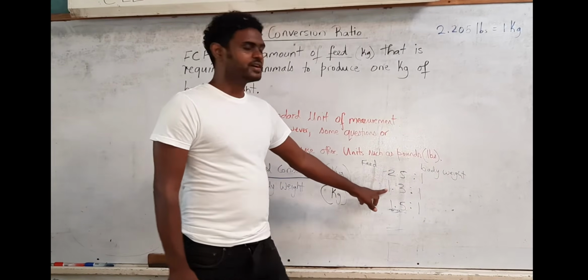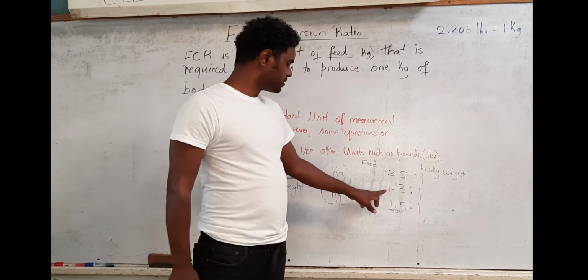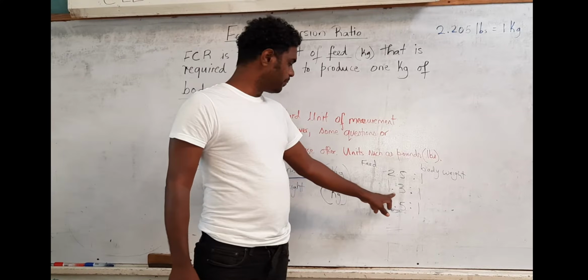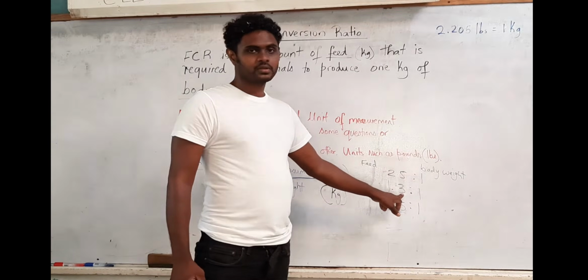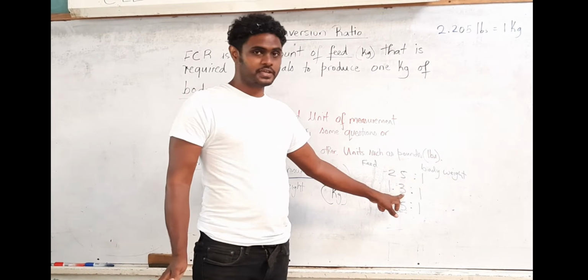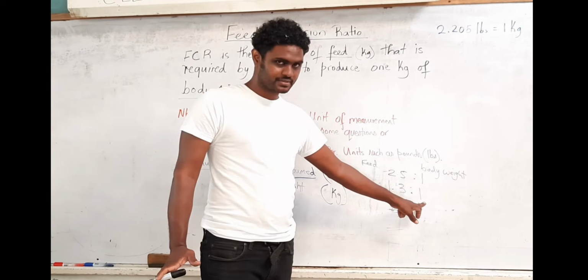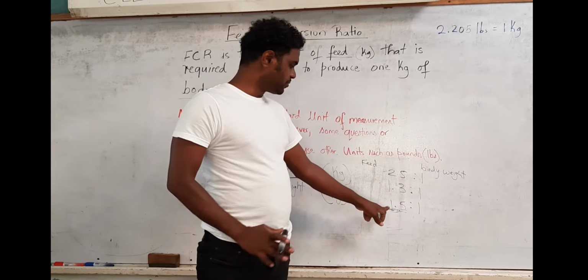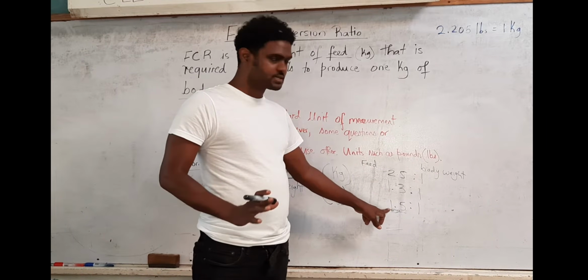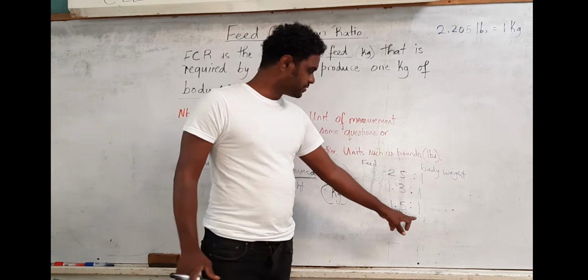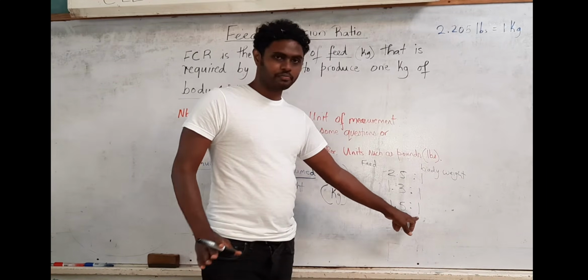The 1.3 here, it reads the animals eat 1.3 kilogram of feed to produce 1 kilogram of body weight. And the third one says the animal eats 1.5 kilogram of feed to produce 1 kilogram of body weight.